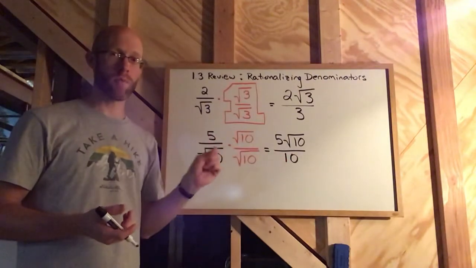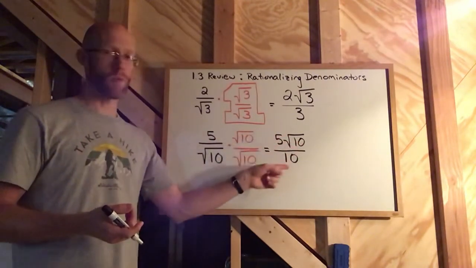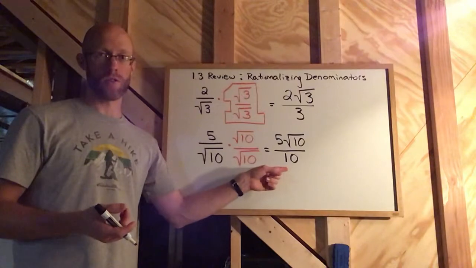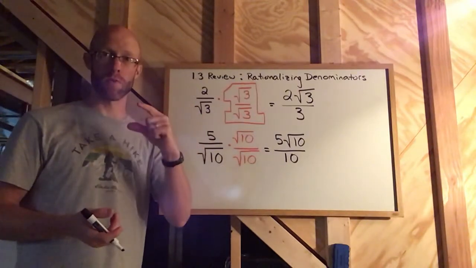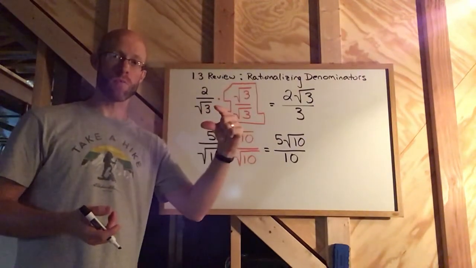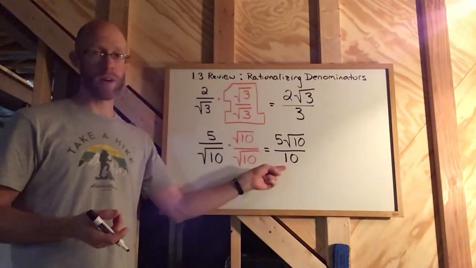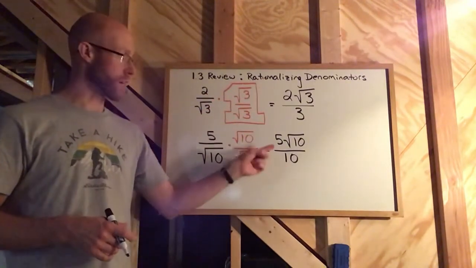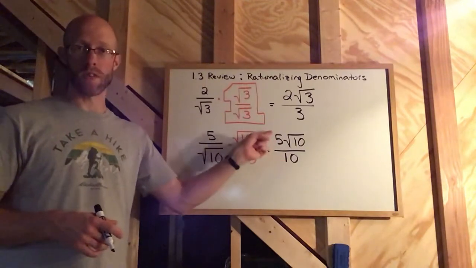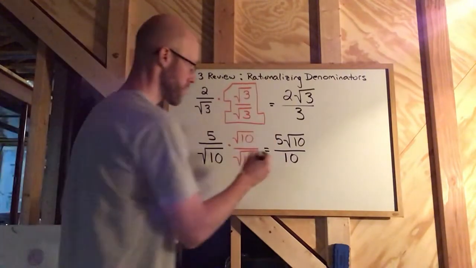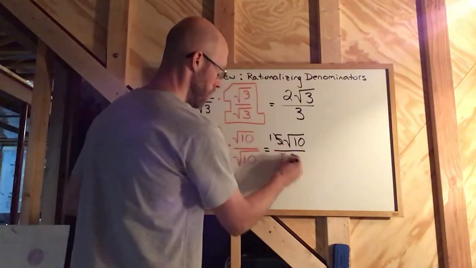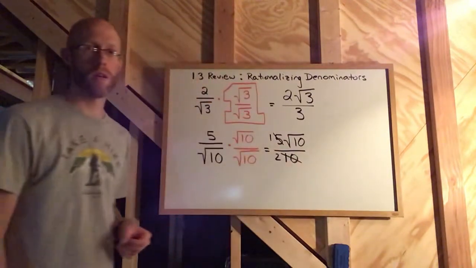You cannot reduce a number in a root with a number out of a root. You can either reduce two numbers out of the root or reduce two numbers in roots, if they're both in roots. But in this case, I've got two on the outside that I can simplify. So 5/10 is the same as 1/2. So I can reduce that down to a 1 and a 2.